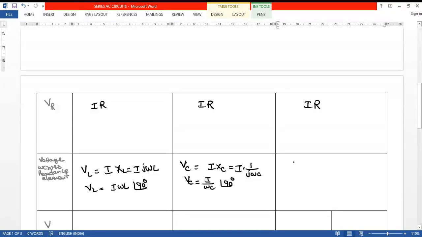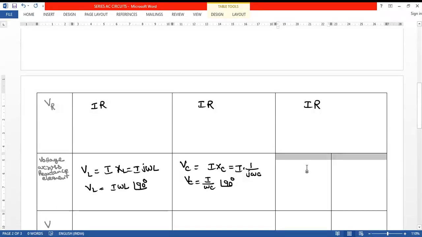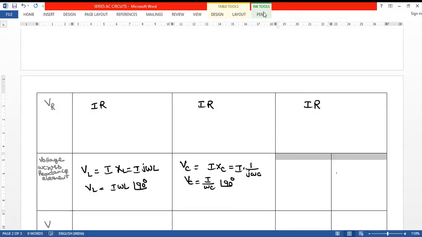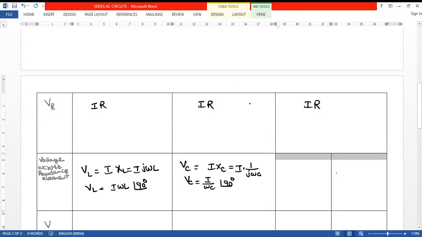Here the voltage across the inductor VL is equal to I omega L at an angle of 90 degrees.